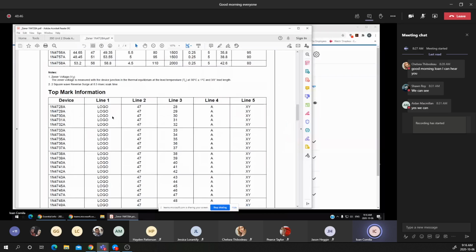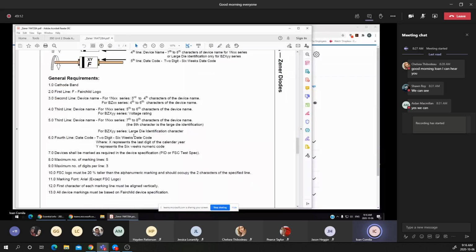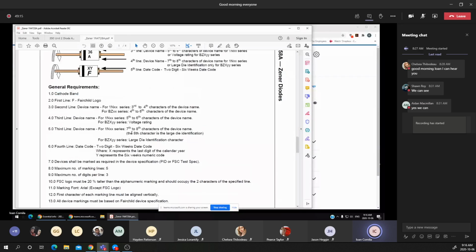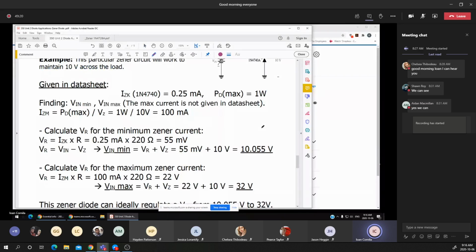It also gives you the logo, or how it's made. You notice that the cathode is always marked with a stripe or a band, usually dark on a red or yellow background, as I mentioned in those labs when I showed you different diodes.